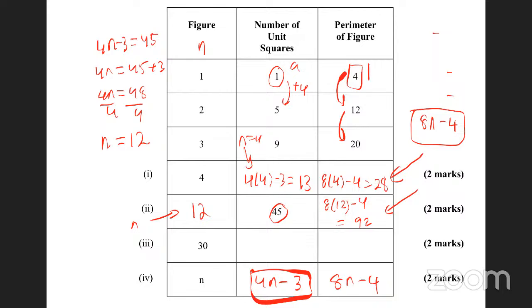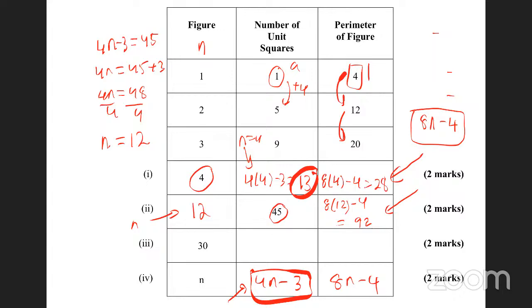Follow what to do? No? Where did you get lost? You follow how I got the formula? Right. So the formula tells you how to get everything in that column. The first column gives you the n values. So when n is 4, put it in the formula, and I'll get this value here.